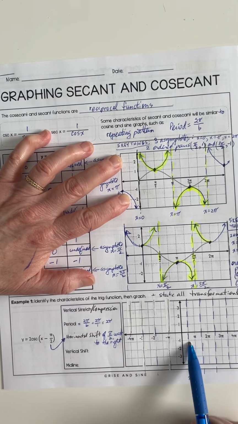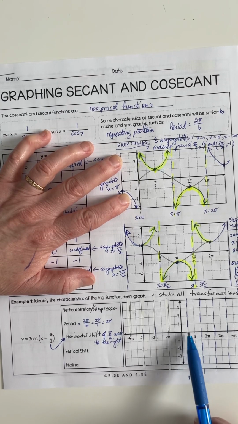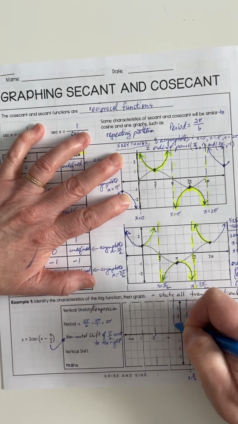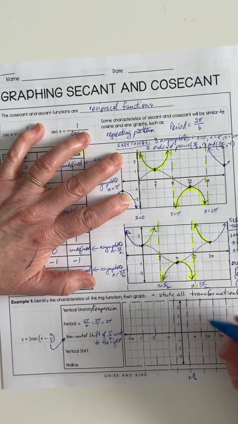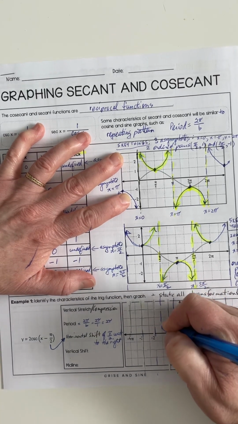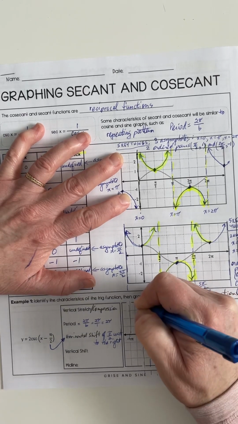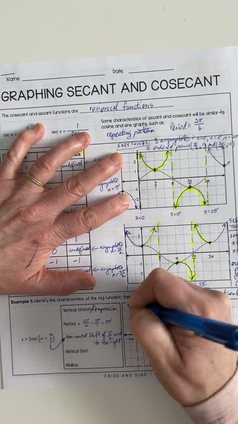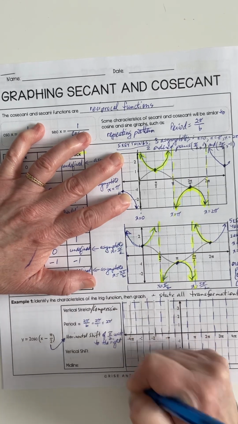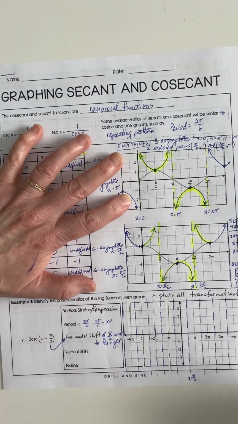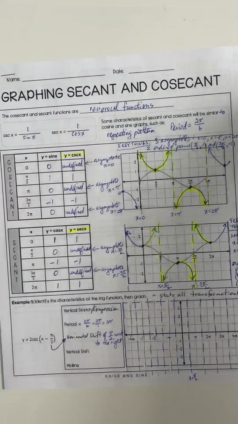The next asymptote needs to be 1 pi away from here. And 1 pi is 2 grid marks, so that asymptote should be here. Sorry about that. The next one here. And then here. Here. And on the other edge.